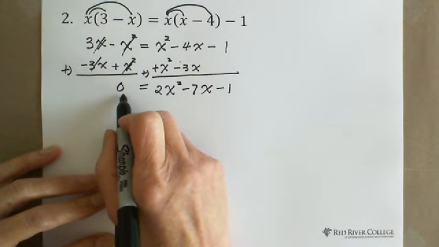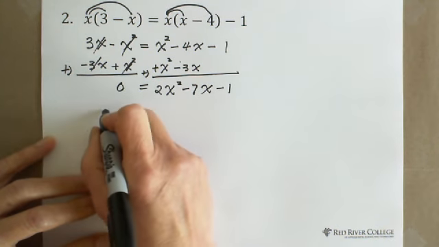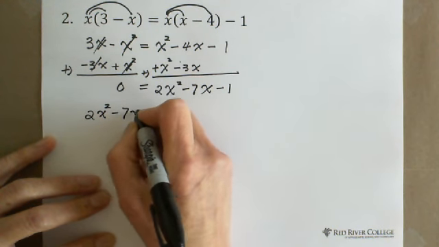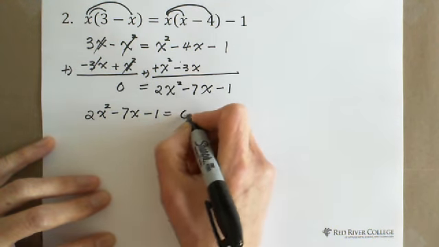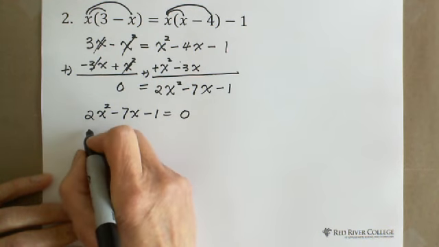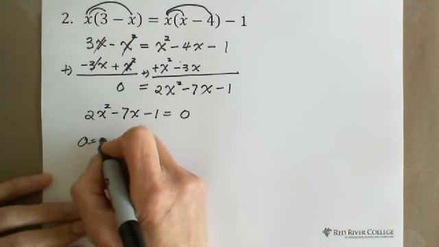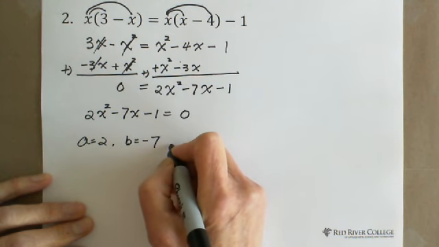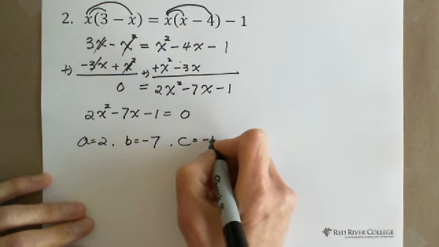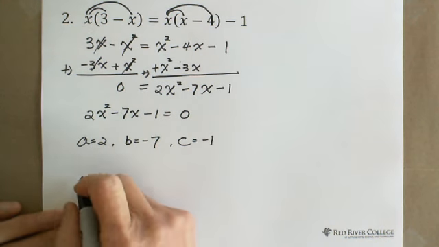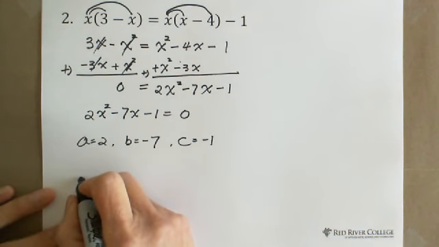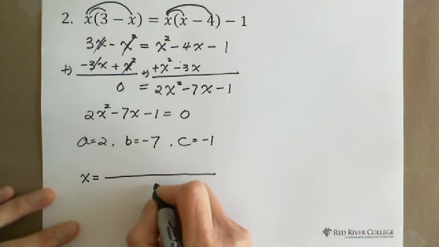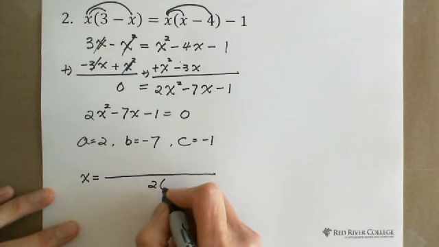We usually write the 0 on the right side, so we write 2x squared minus 7x minus 1 equals 0. In this case, a equals 2, b equals negative 7, and c equals negative 1. And plug into the quadratic formula: x equals, 2a, 2 times a, which is 2.